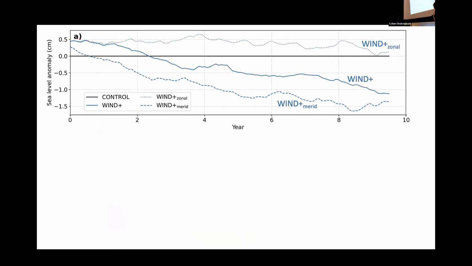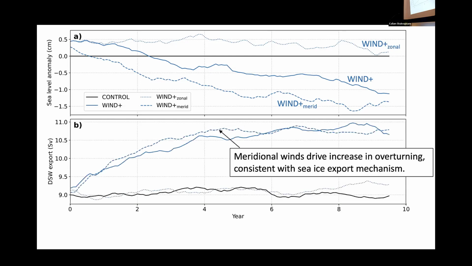Now if we look at that same plot split into the zonal and meridional perturbations, we find that indeed the increase in the sea level comes entirely from the zonal change in the winds, driving more southward Ekman transport, building more water up onto the shelf. And the decrease in the sea level comes entirely from the meridional component, which is consistent with the sea ice export mechanism.